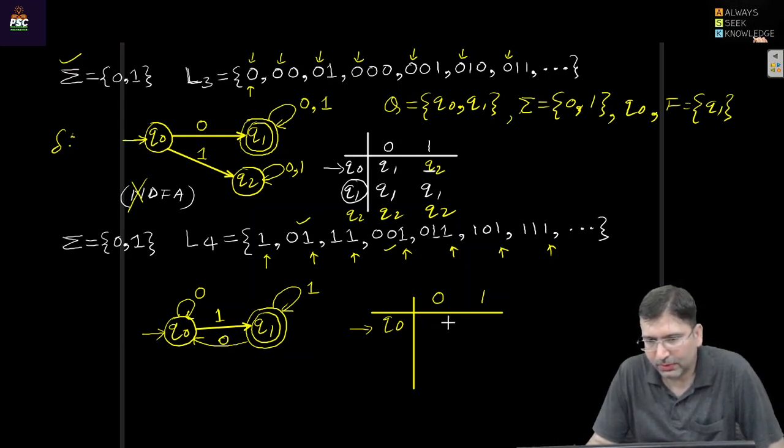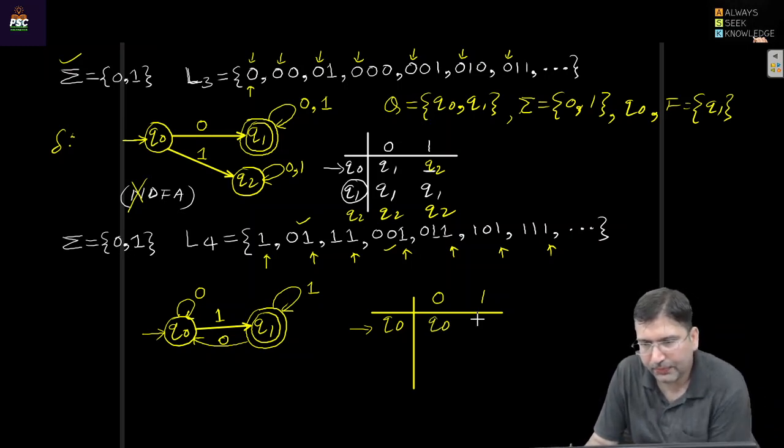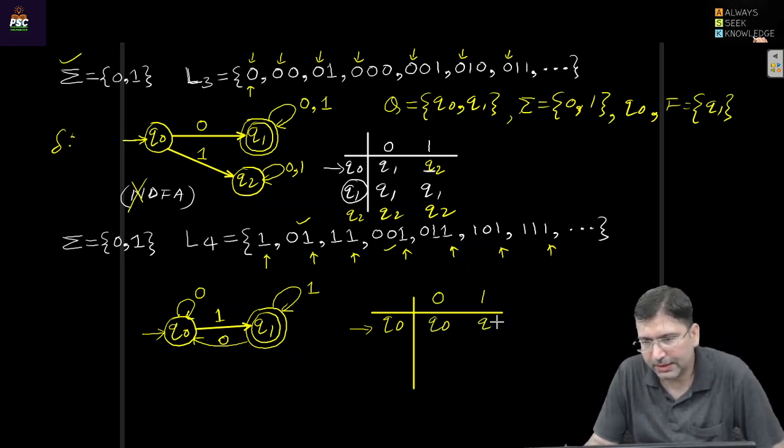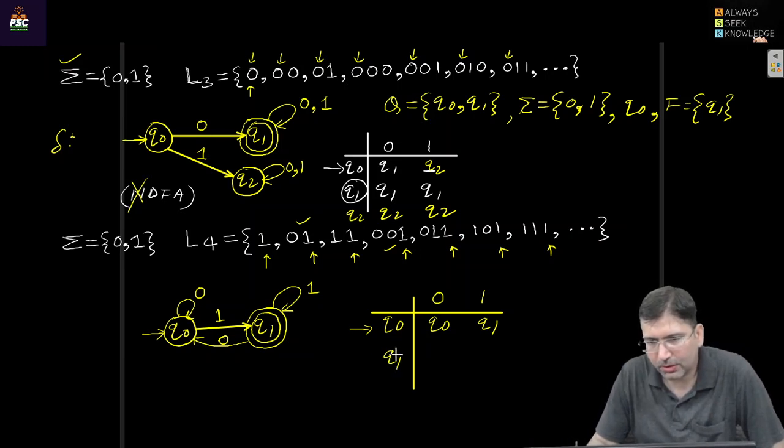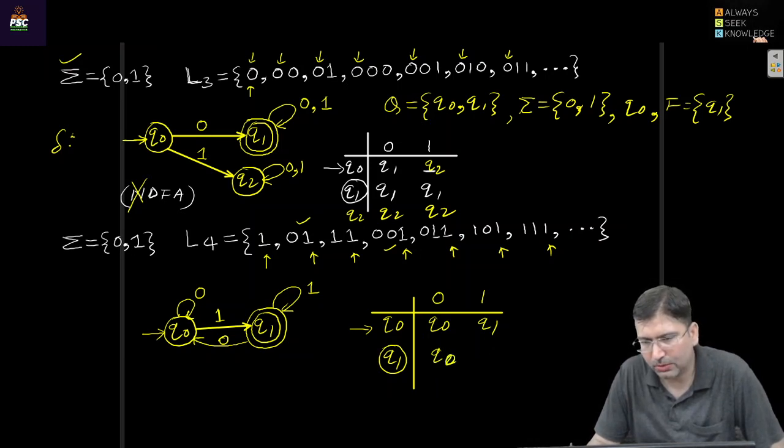For 0, Q0 leads you to Q0 only, and for 1 it is leading to Q1. Q1 is the final one, so I circled it. For Q1, when 0 comes, it is leading you towards Q0, and when 1 is coming, it stays on Q1. So for every input on every state, there is only a single unique entry. That means it is a DFA, deterministic finite automata.